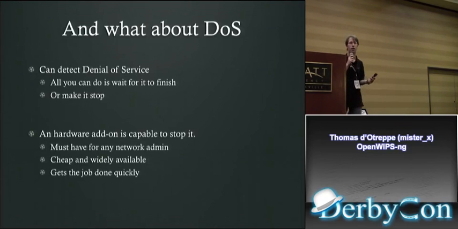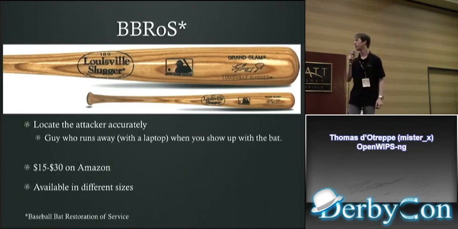It's cheap and widely available, and gets the job done really quick. So it's a baseball bat. And since it's really cheap, you can file an expense sheet to get reimbursed for it. And that is called baseball bat restoration of service.